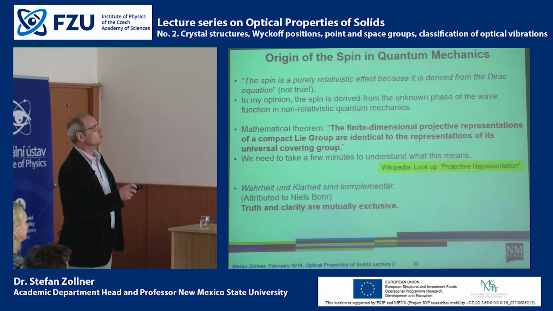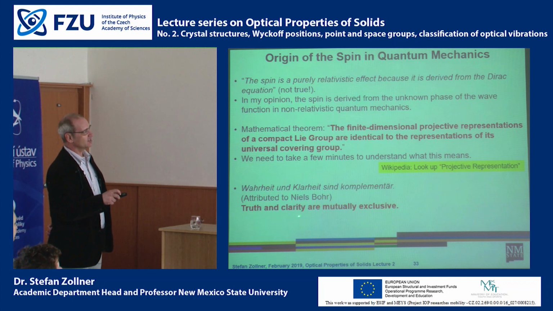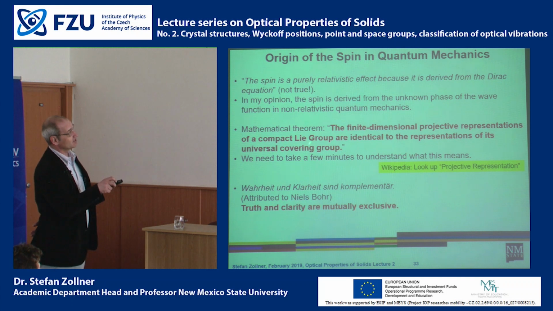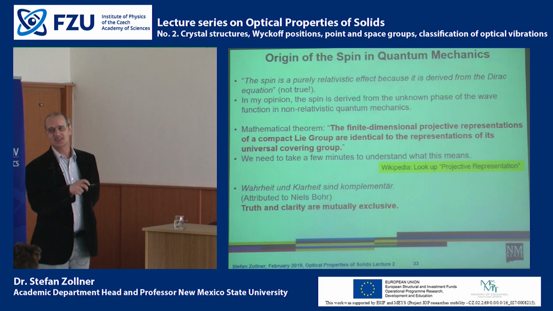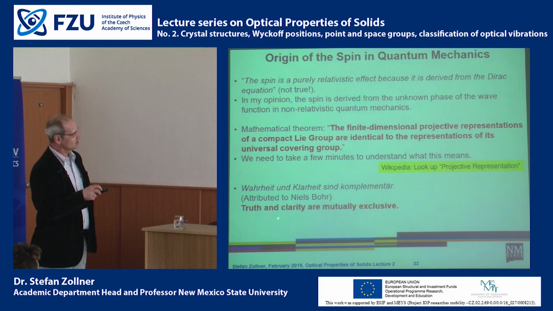And I want to take a few minutes in giving you some background, some hand waving. According to Niels Bohr, truth and clarity are mutually exclusive. I don't complain that I don't understand this myself. And I certainly could not prove this theorem, but I can make some hand-waving arguments, and maybe make this statement a little bit clearer.